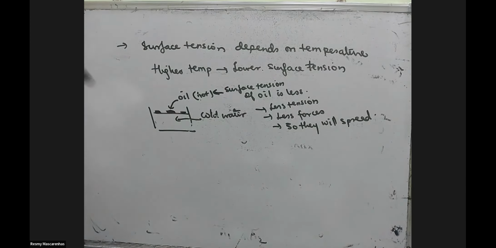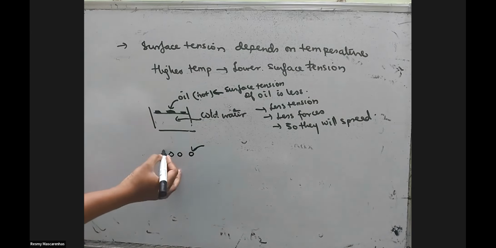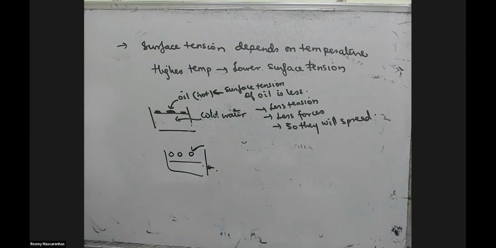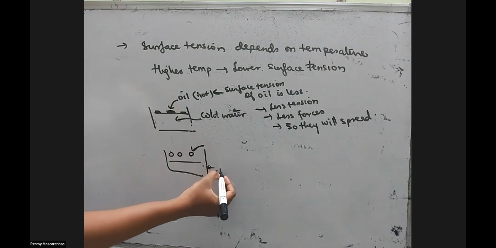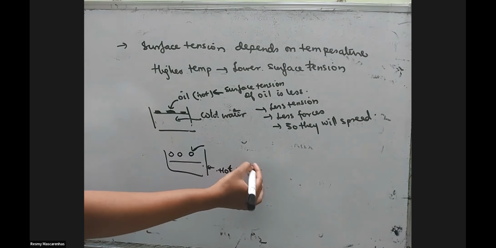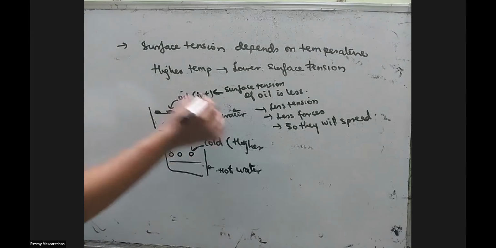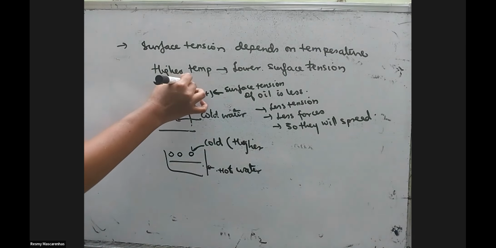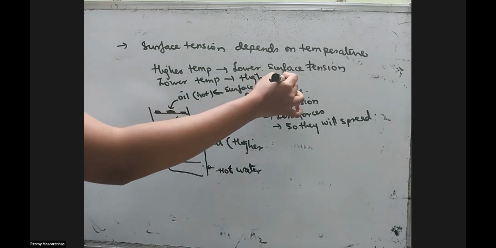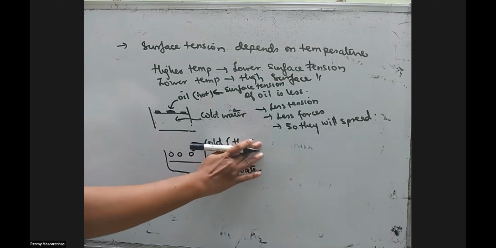And the other way around, what is going to happen when it forms bubbles? You know that when this is hot water, this will be cold comparatively. Cold means higher surface tension, because lower the temperature, higher the surface tension.